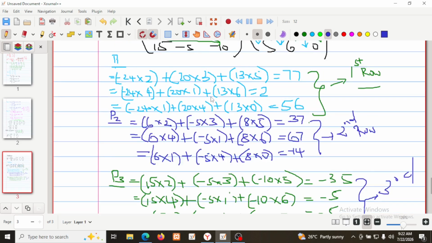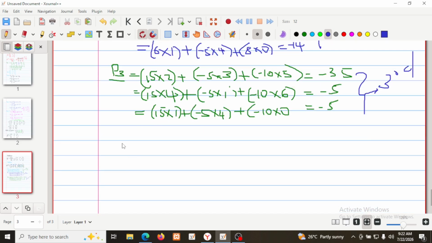So first row will have 77. Now let's just write complete. So A inverse times A transpose is 1 over the determinant of A, 45.